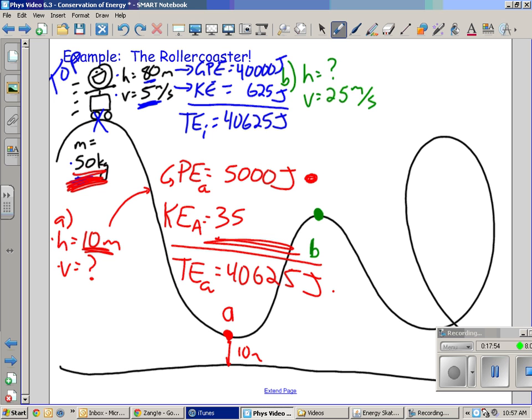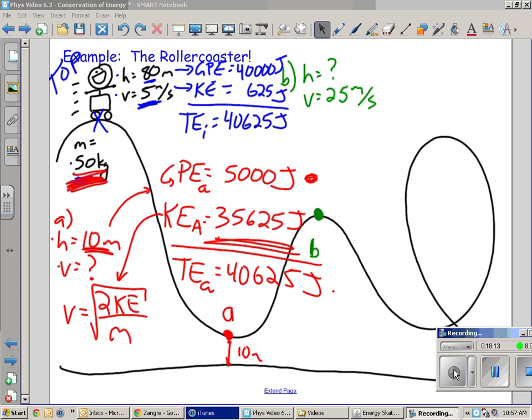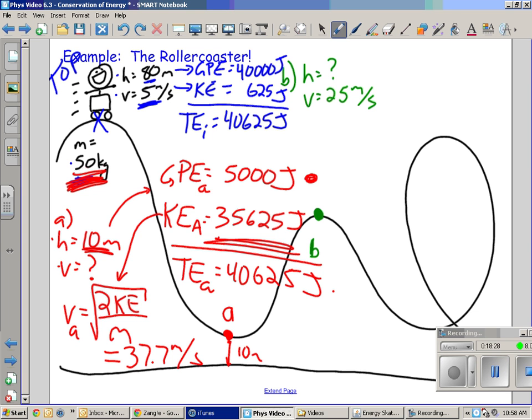It's got to be 35,625 joules. That's the only way they would add up. I just subtracted. Now that I know my kinetic energy, I can find my velocity, by using half m v squared. And you end up getting 37.7 meters per second as the velocity at point A.